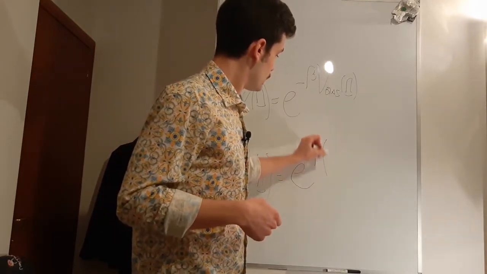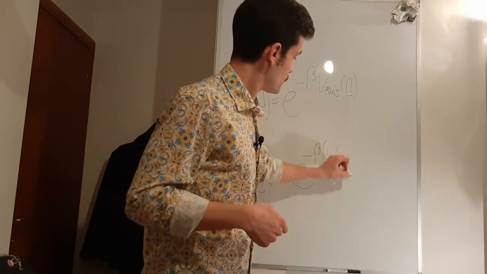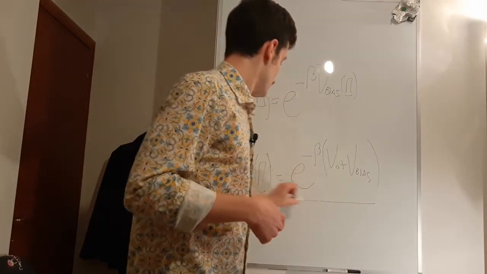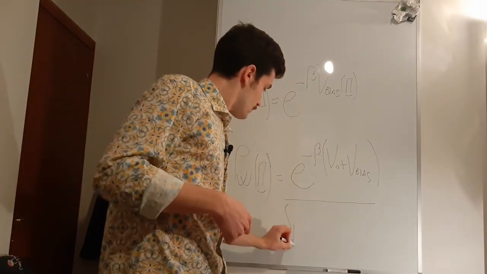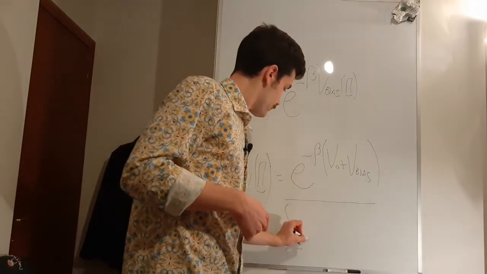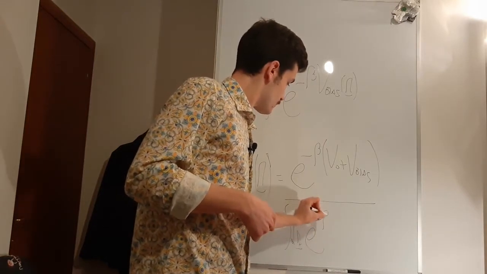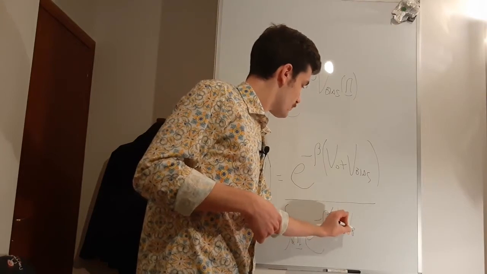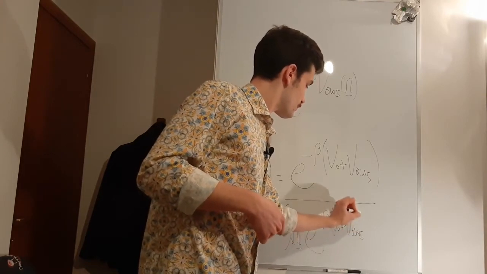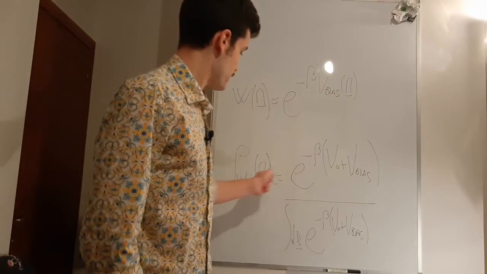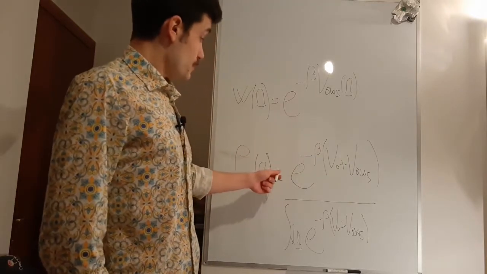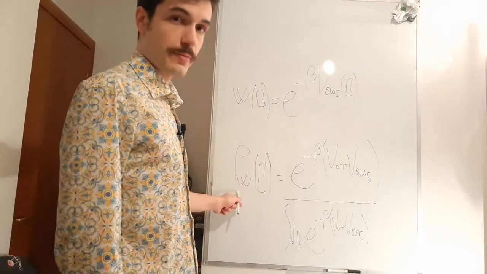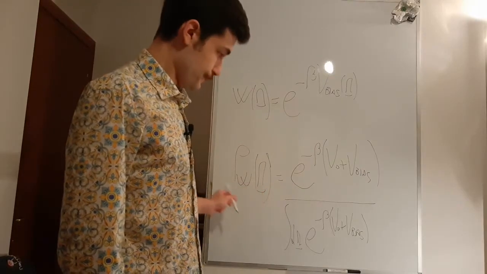So seen in this way, our weighted probability will be e to the minus beta (V0 plus the bias potential), divided by the corresponding partition function. Of course all the potentials depend on r. This will be how we will express in this case our new probability of position r.